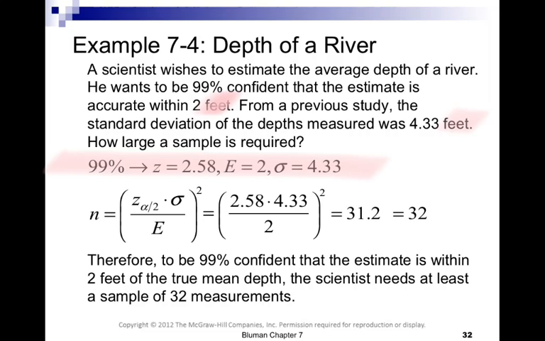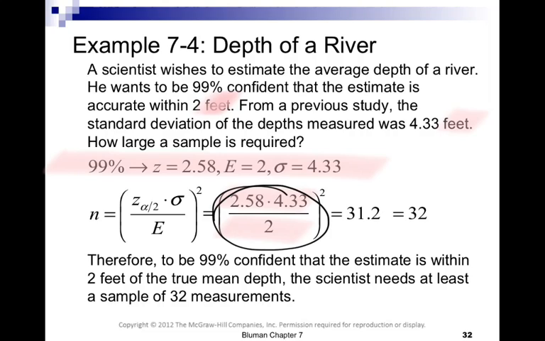So here's our calculation. We put these things in our formula right here. Do the calculation inside the parentheses first, and then you square it. Be sure that you remember you do this first and then you square it. So you get 31.2, and again you round up because 31 would be too little.